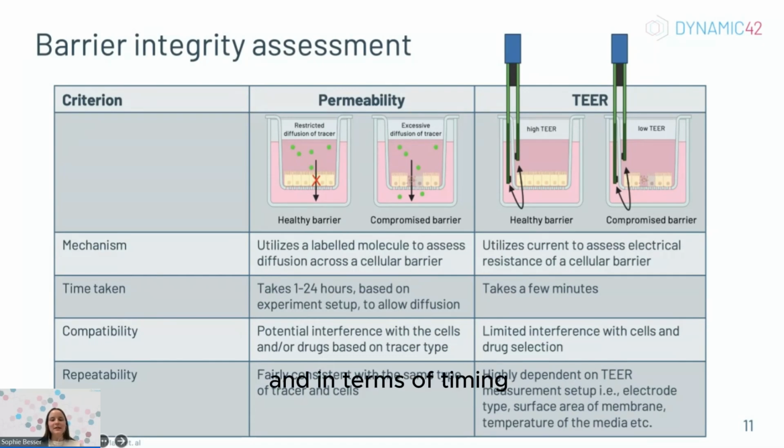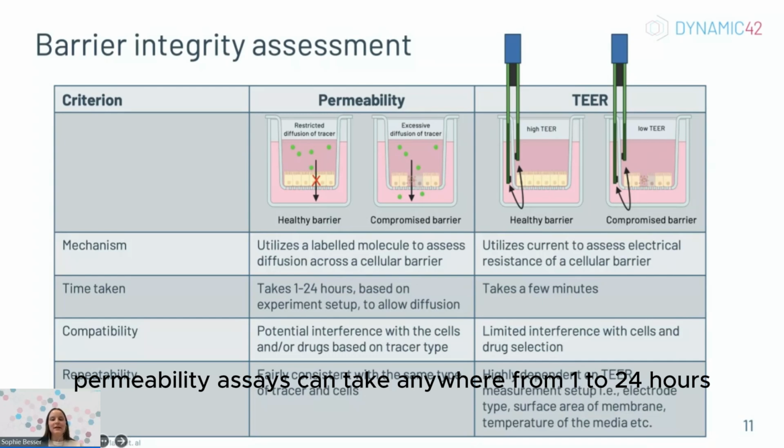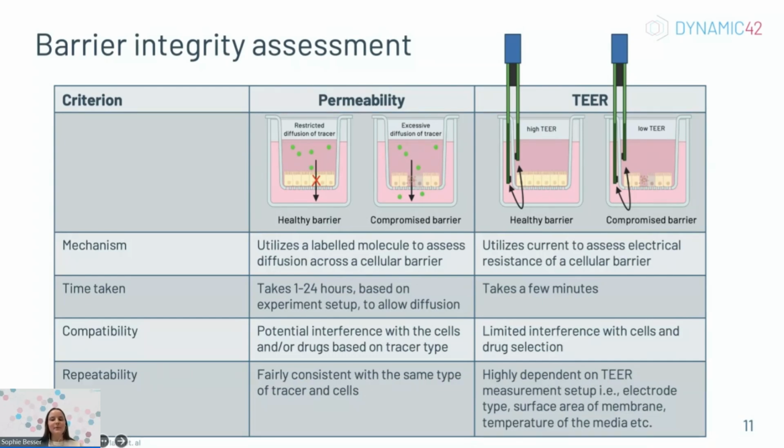In terms of timing, permeability assays can take anywhere from 1 to 24 hours, depending on the setup, whereas TEER measurements are much quicker, often just a few minutes or seconds.